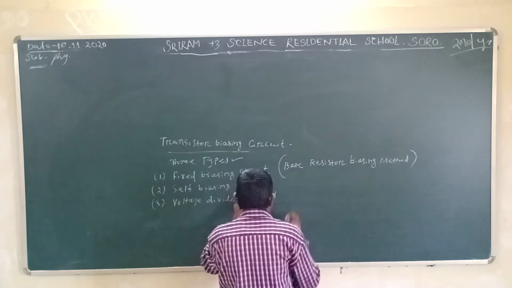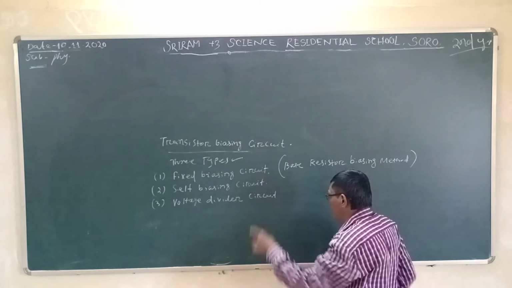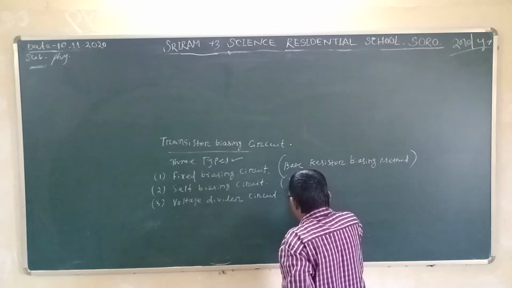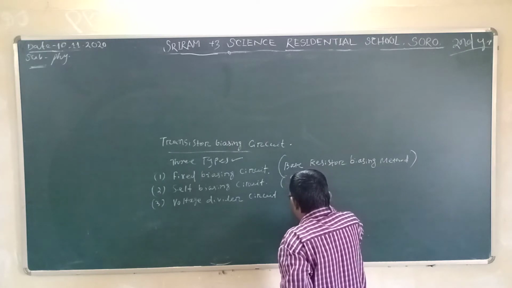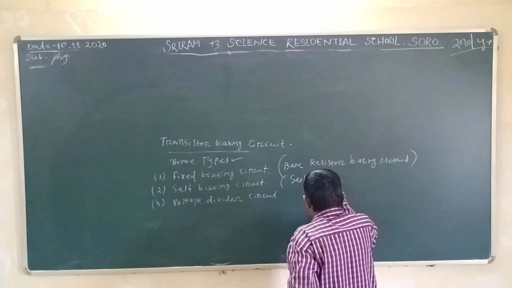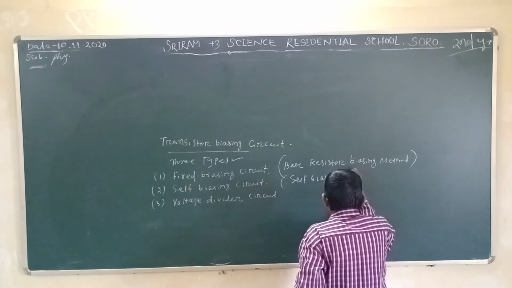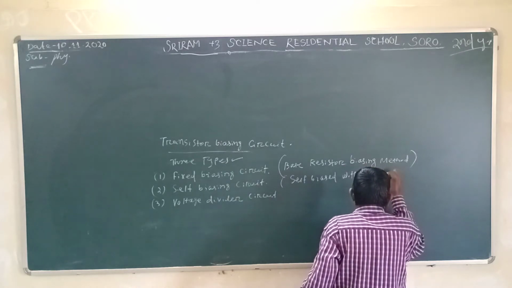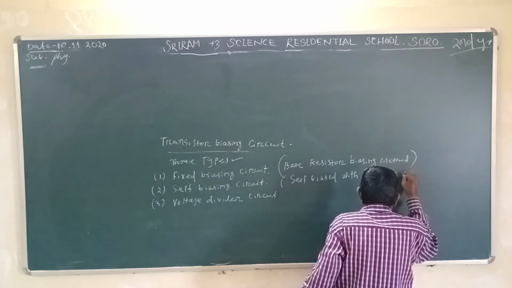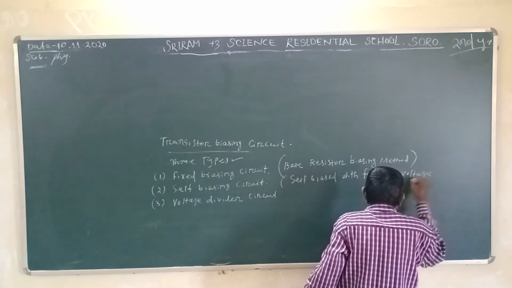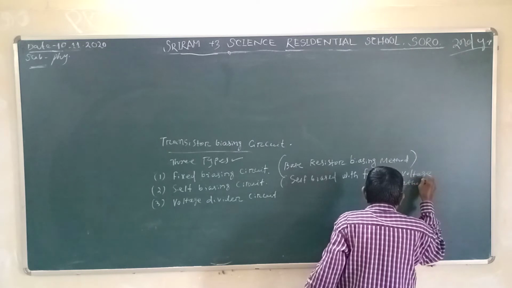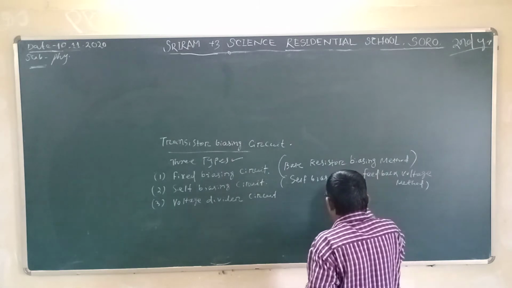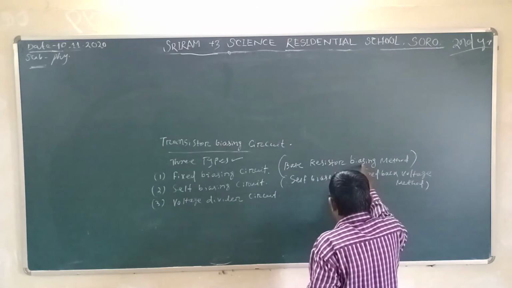The self bias circuit is self biased with the feedback voltage method, so it is the voltage feedback method, and this is the resistor biasing method.